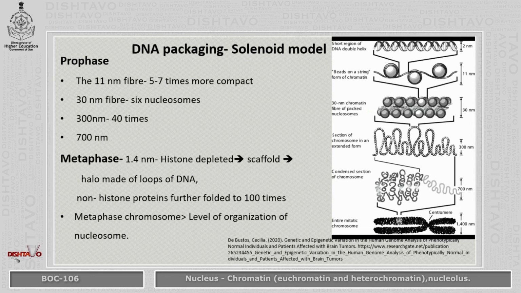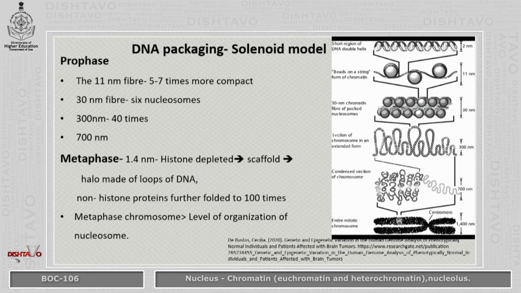Now let us look at the DNA packaging process, which is also called the solenoid model of packaging. As I have informed you, the chromatin material will follow a sequence of levels of organization from a very thin DNA double-stranded helix, which is 2 nanometer, to the formation of a proper chromosome, which is about 1.4 nanometer.